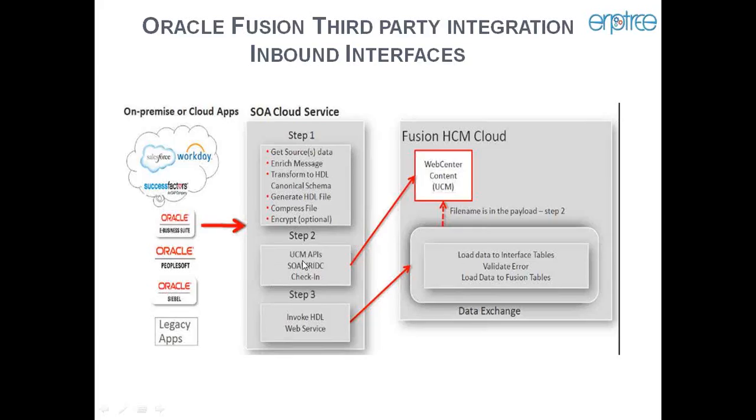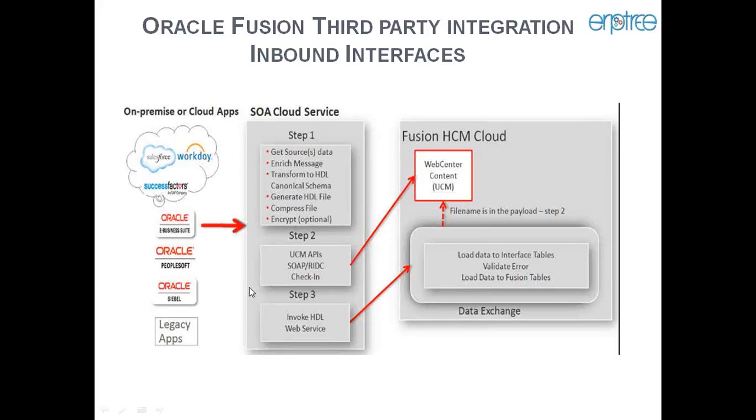So what Oracle does, Oracle basically provides a package of Java classes which we call SOAP or RIDC, which help us load the file and place the file into the UCM while automating the HDL, which means HCM data load integrations.